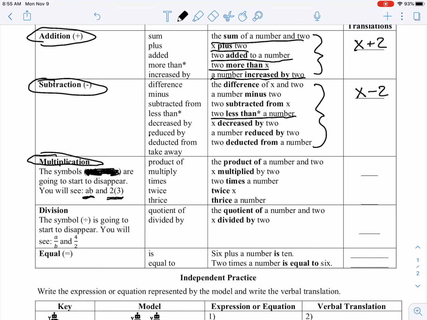And thrice, thrice a number, another weird way. It's like twice, but for 3. So for the top ones, because these all mean the same thing, these will be 2 times some number x, just like they say. And this bottom one here, thrice means 3 times some number.